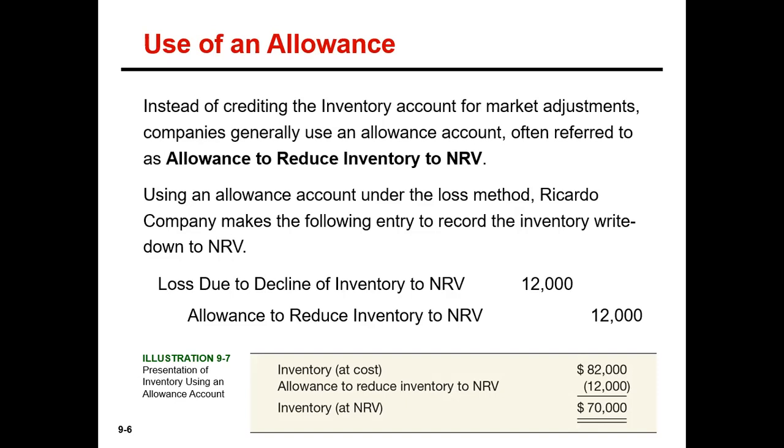And again, at the end of the next accounting period, maybe we need that allowance to be 15,000, right? Then we would just do the adjusting entry for 3,000, for example. So that balance carries forward. We have to consider what's already in there and what we want to be in there, right?